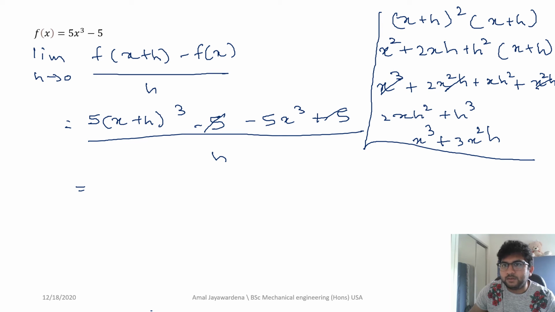Let's see, we have another one, h squared also, we have 3x h squared plus h cubed.